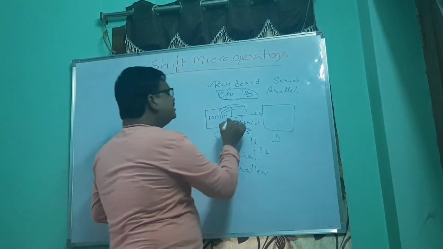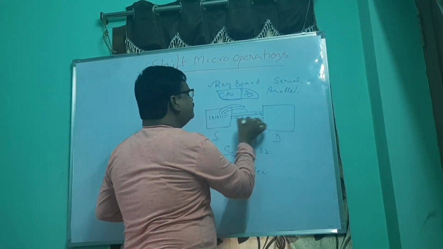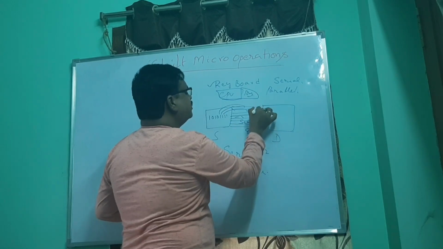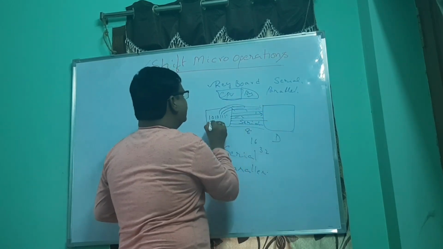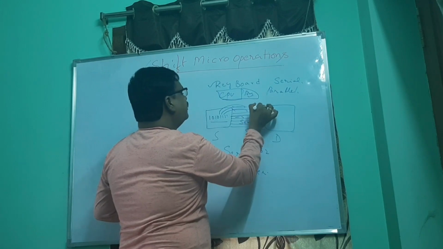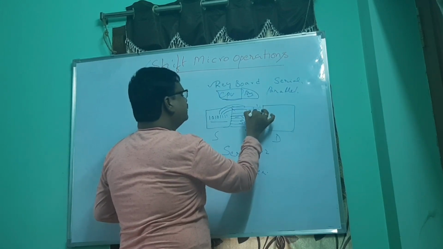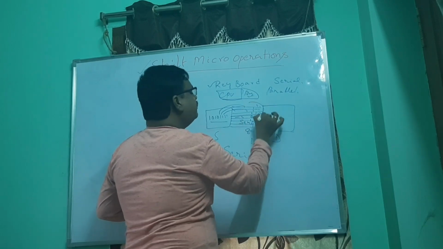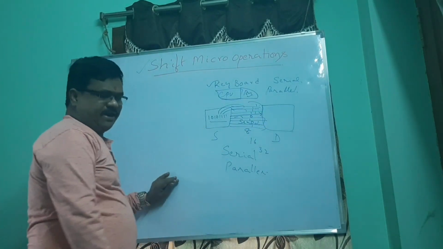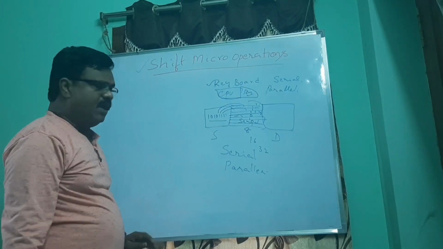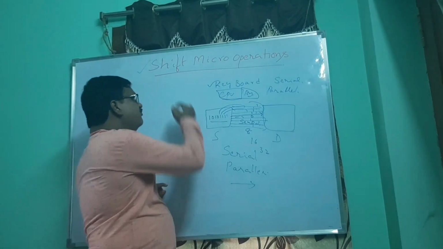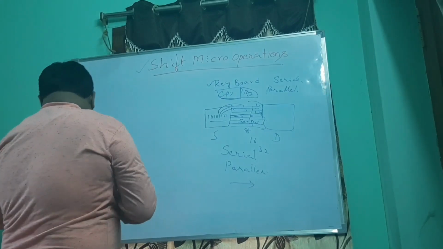Parallel means you have a group of lines, say 8 lines: 1, 2, 3, 4, 5, 6, 7, 8. All 8 bits, like 0, 1, 0, 1, are transferred together at a time, so there is no problem there. But when we want to transfer only one bit at a time, we will use these shift micro operations.